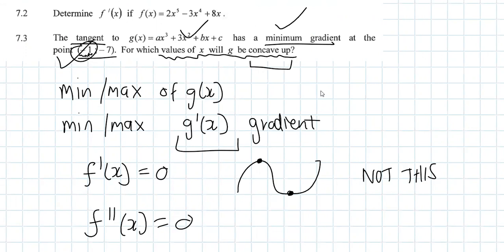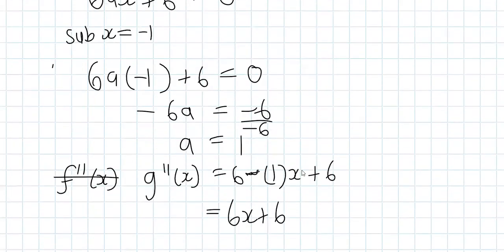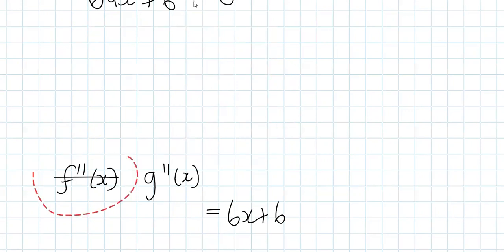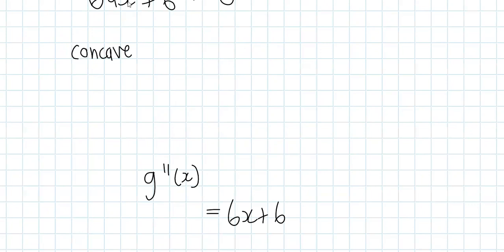So for concave up, let me just create a little bit of space. So we know that for concave up, our second derivative test is the second derivative must be positive. Second derivative is positive for concave up.